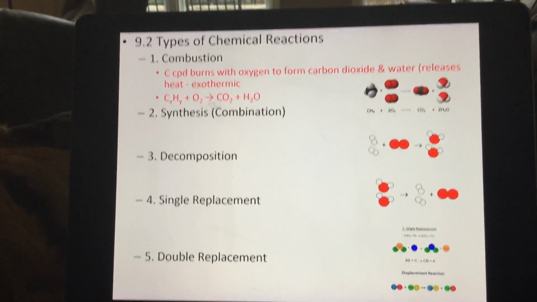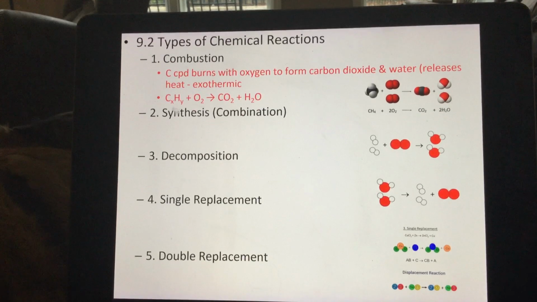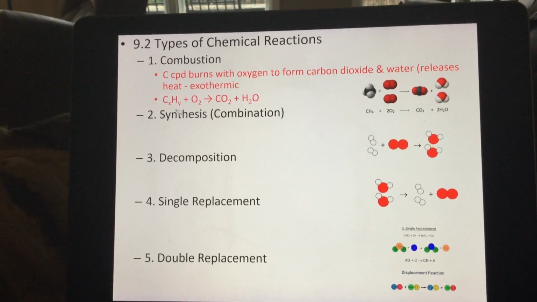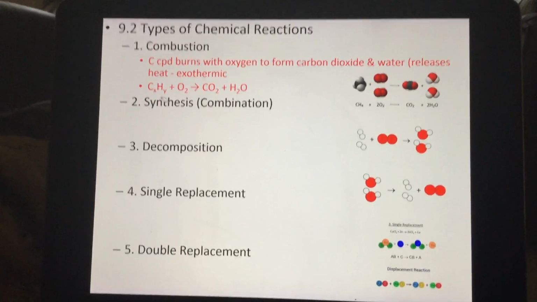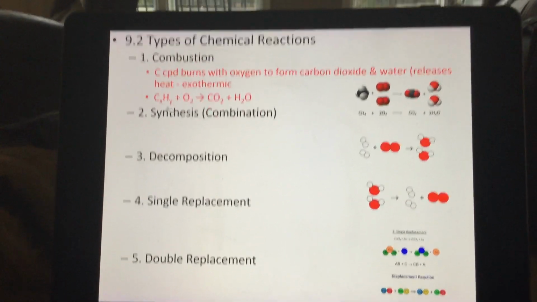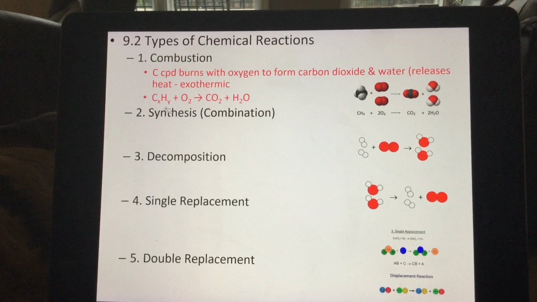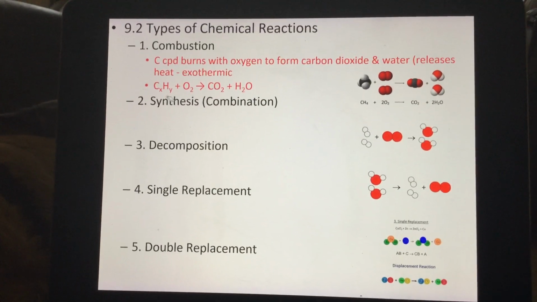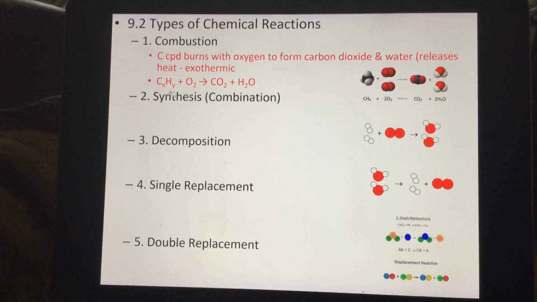So just your basic example of a combustion reaction is we have some type of carbon compound. It could be an alkane, like what we learned how to name last semester. In that case, you'll be expected to know the formula, but if it's some other carbon compound that's not an alkane, I will give you those formulas.